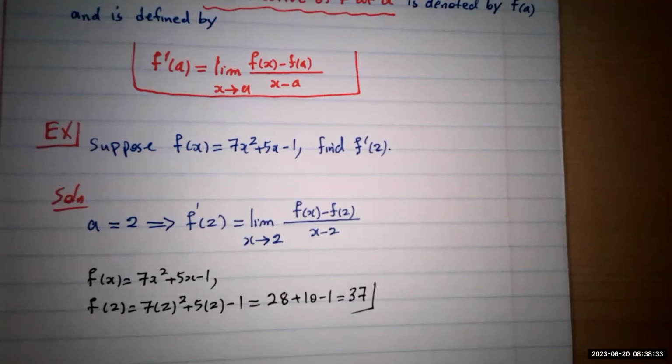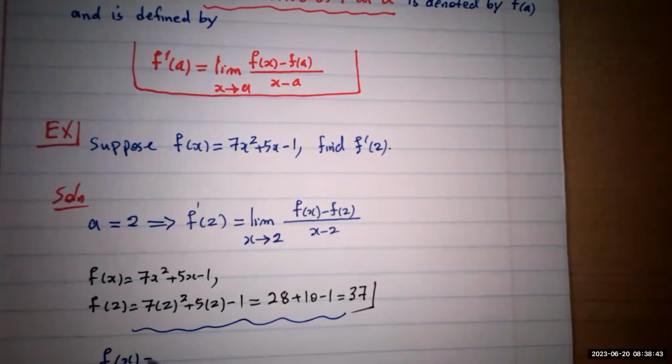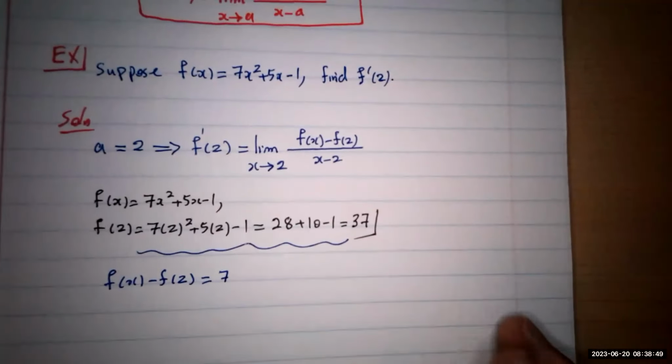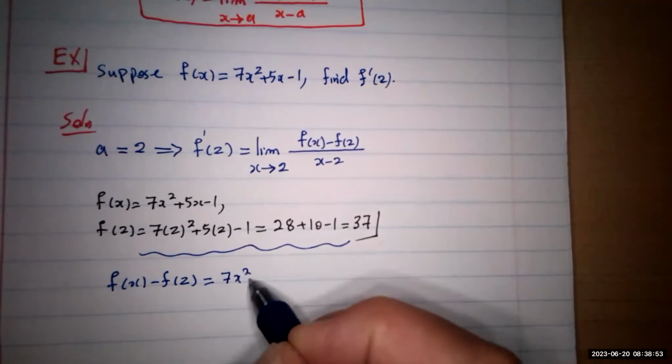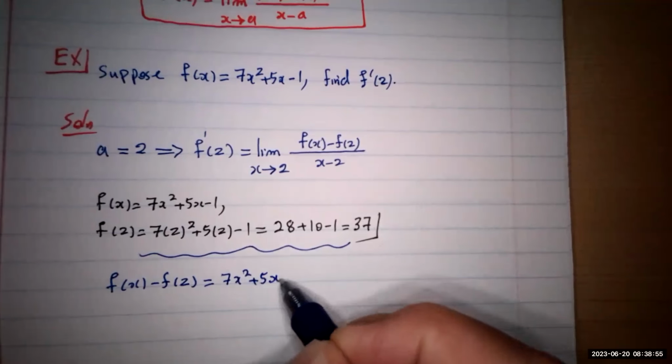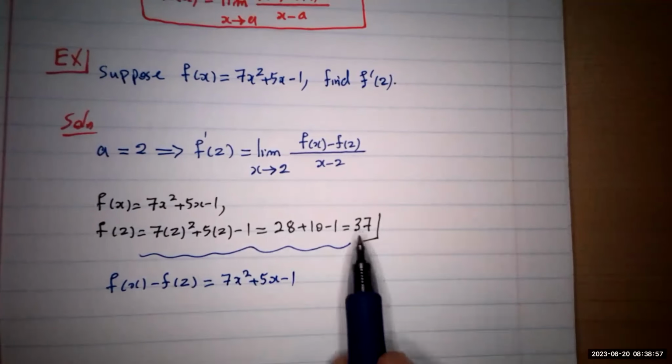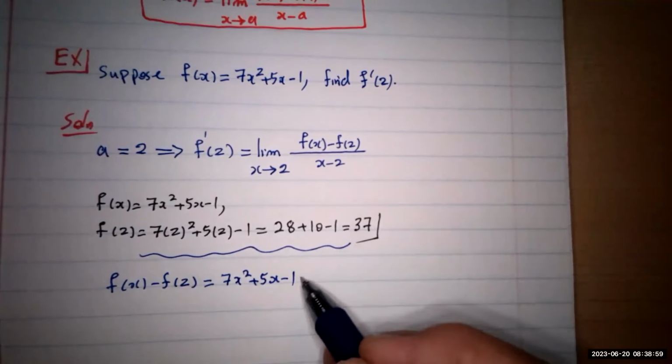So then I subtracted and just put it on the top here. I have f of x minus f of 2, so that gives me 7x squared plus 5x minus 1 minus 37.